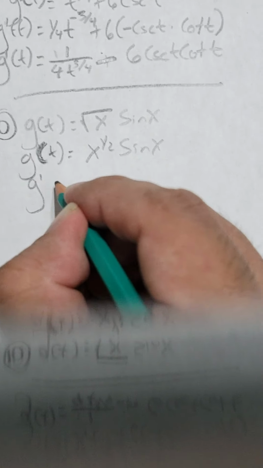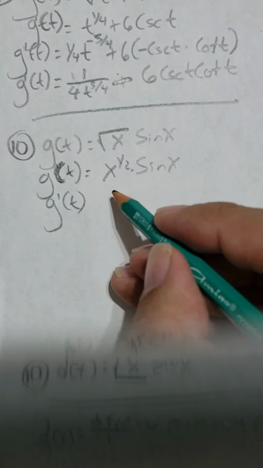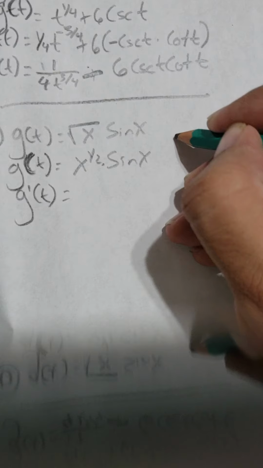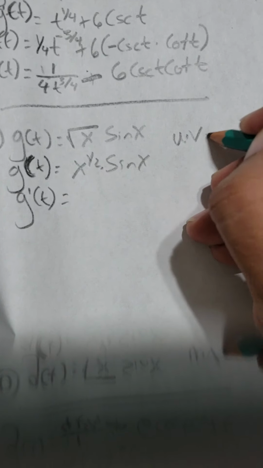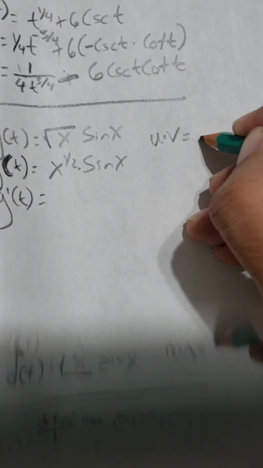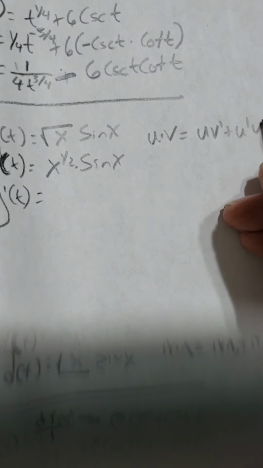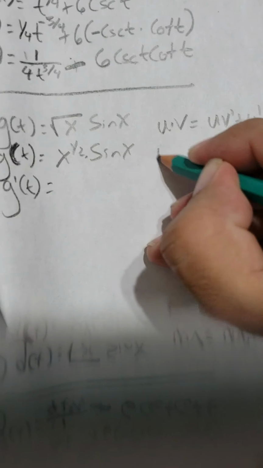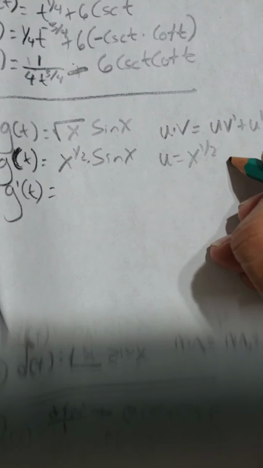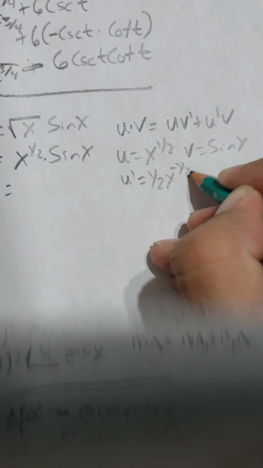Now, the derivative of this is a multiplication, so we use the product rule. It doesn't matter the order; I will do u times v prime plus u prime times v. What is u? u is x to the 1/2 power. v is sine of x. Now, what is u prime? It will be 1/2 x to the negative 1/2.